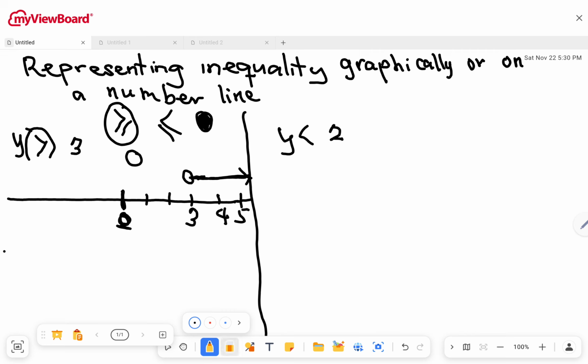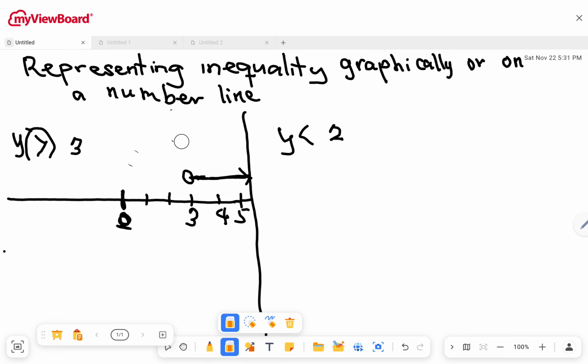Now, this is how y is greater than 3 is represented on the number line. You draw your line, you indicate the center of the line, which is always 0. Now, you figure out if the number is a positive number or a negative number.